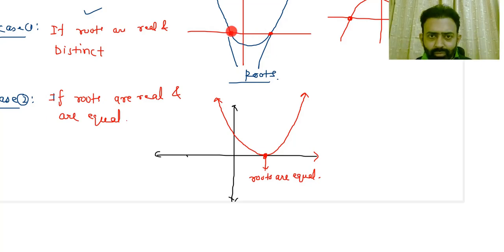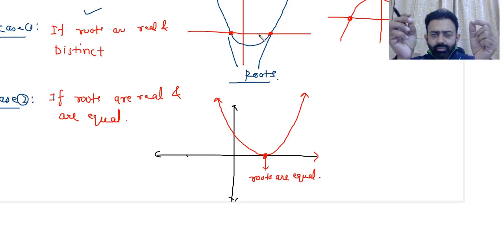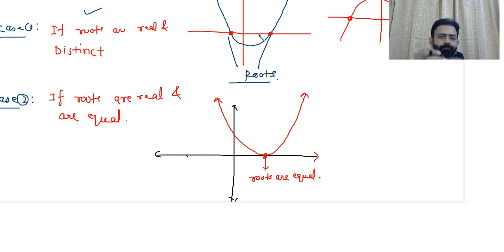Moving this root to this root. So basically we have brought these two roots together at a single point. Okay, so roots are equal, meaning that some straight line is becoming tangent to the curve, right?